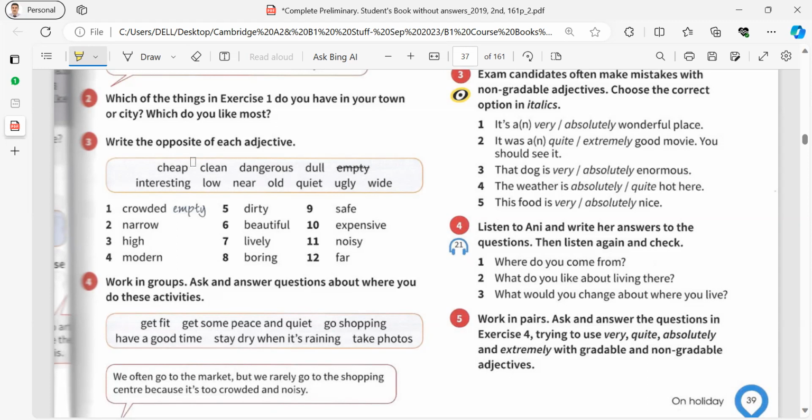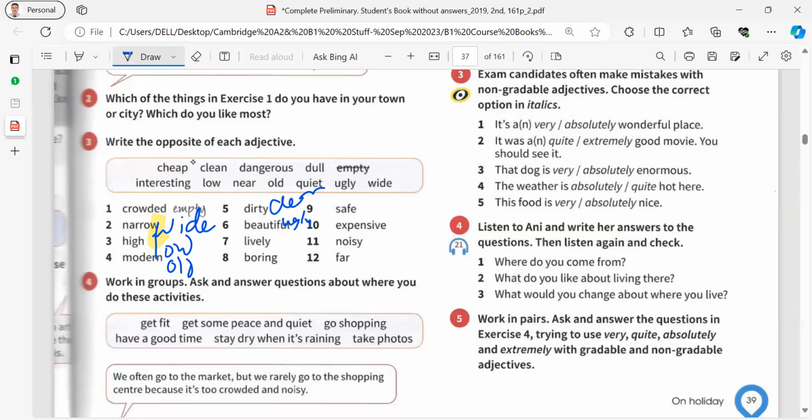Narrow. White. High. Low. Modern. Old. Dirty. Clean. Beautiful. Ugly.